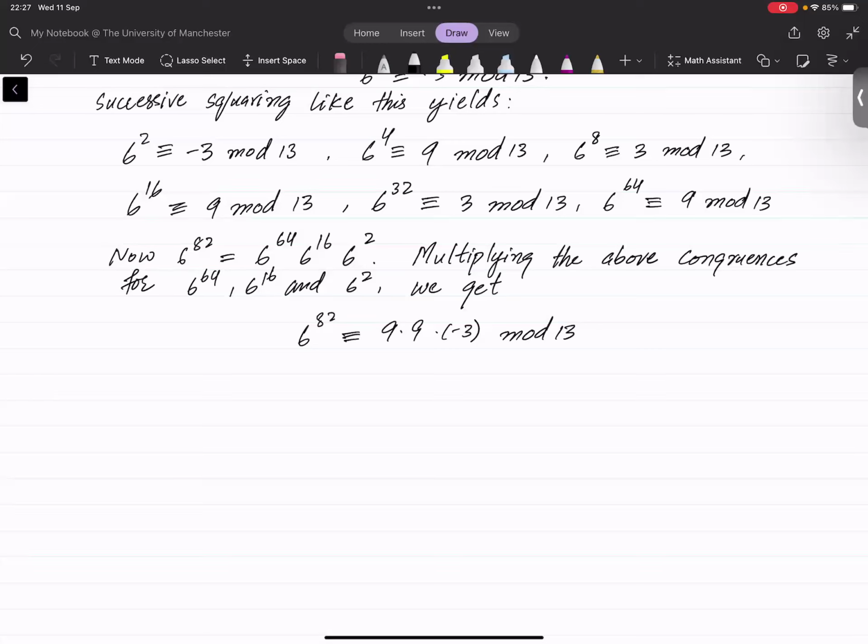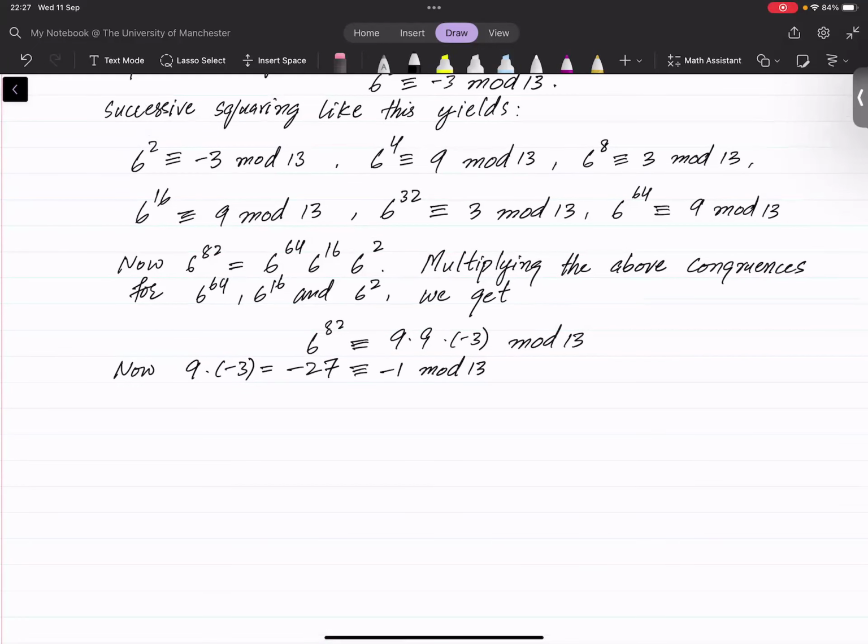Now, we know that 9 times minus 3 is minus 27, and that is congruent to minus 1 mod 13, because 13 times 2 is 26, and the remainder will be minus 1.